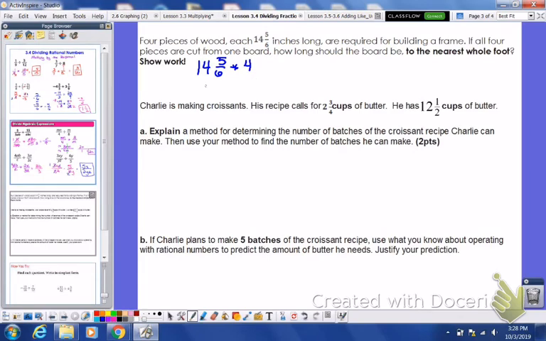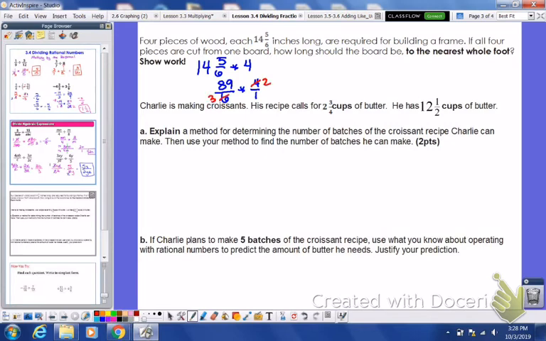Change this to an improper fraction. So 6 times 14 plus 5 gives us 89. I know it's going to be hard to squeeze this all in, guys. So 89 over 6 times 4 over 1. I'm going to go ahead and reduce because I know my numbers are large. So 4 is divisible by 2 for 2. 6 is divisible by 2 for 3.